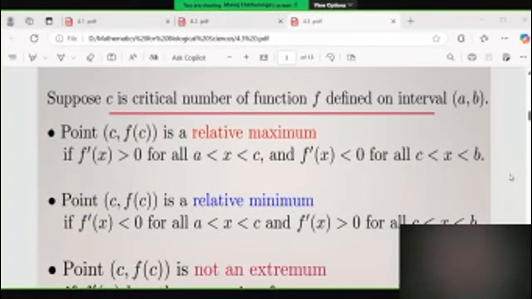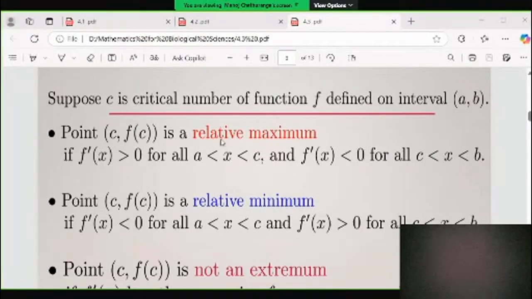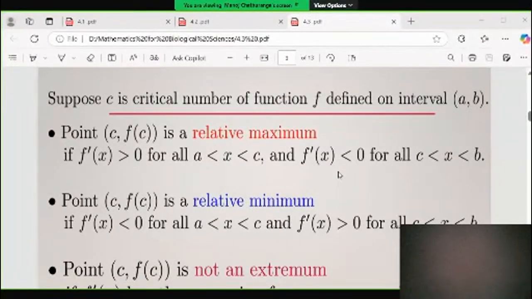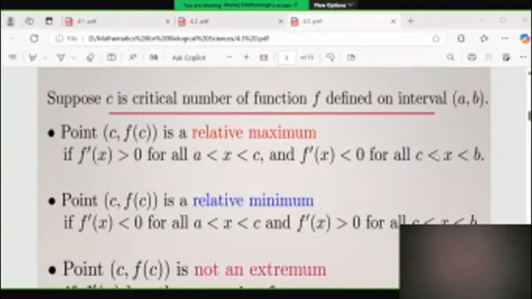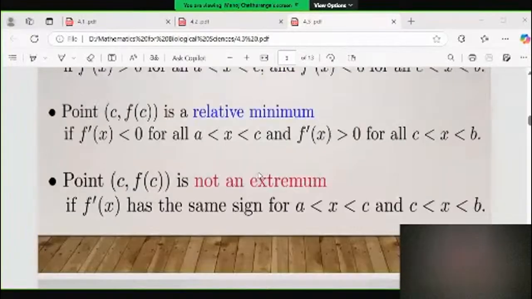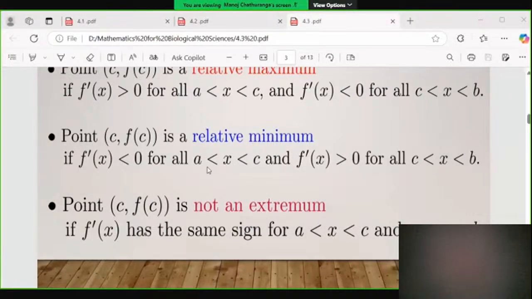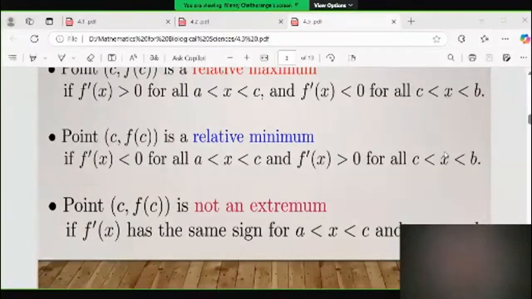But when you start writing it up, you will see a lot of this jargon. So at a relative maximum, before the critical point, the derivative is positive, and after the critical point, the derivative is negative. Positive to negative. At a relative minimum, before the critical point, the derivative is negative, and after the critical point, the derivative is positive.